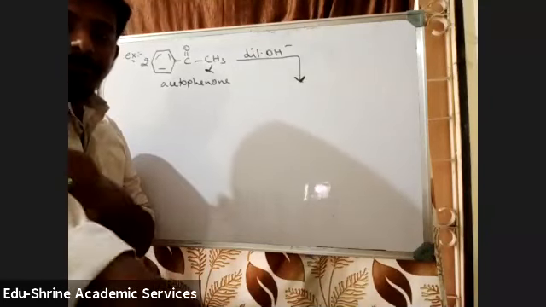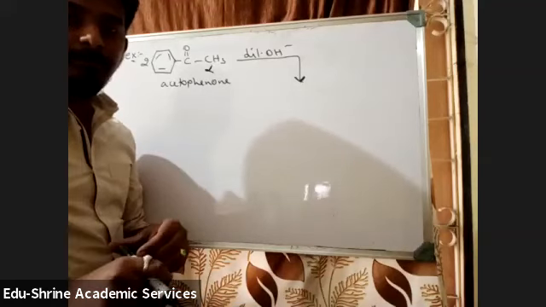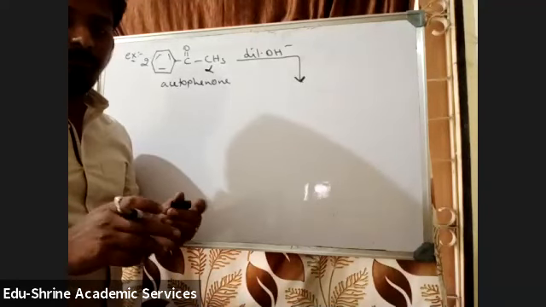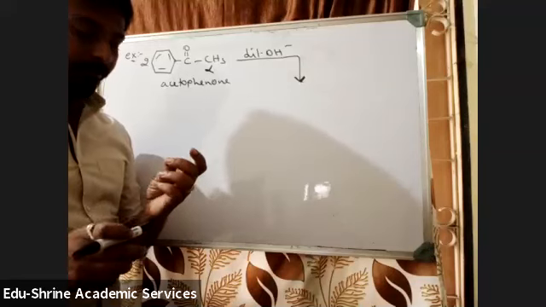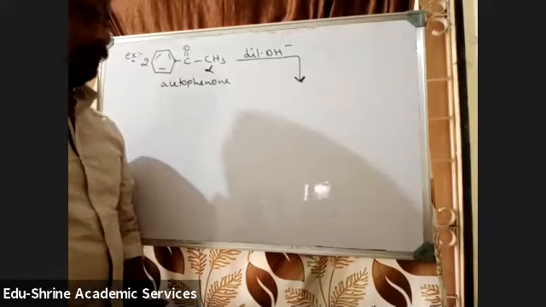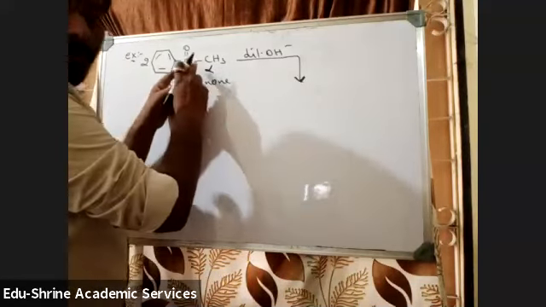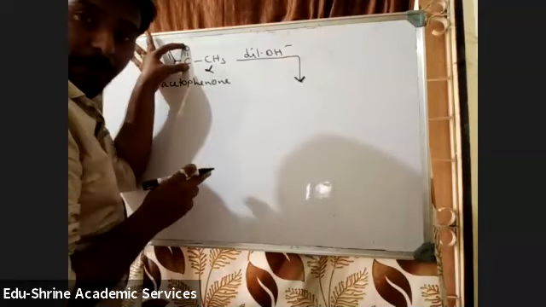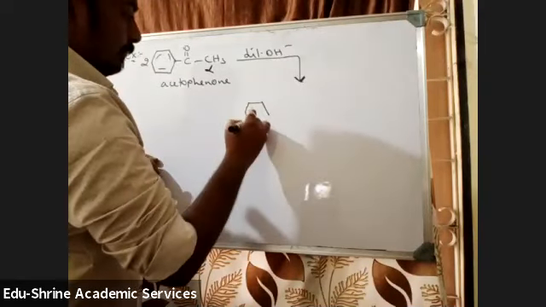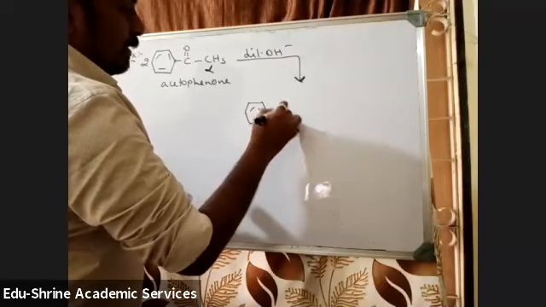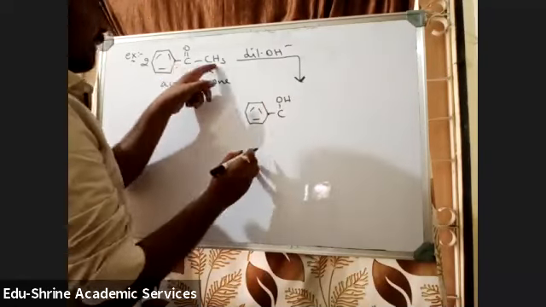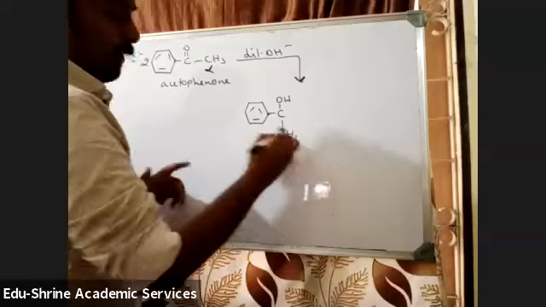Complete writing. See here. What happens? From one part, this will be converted to COH, to this carbon atom, there is a CH3. This is from one molecule.